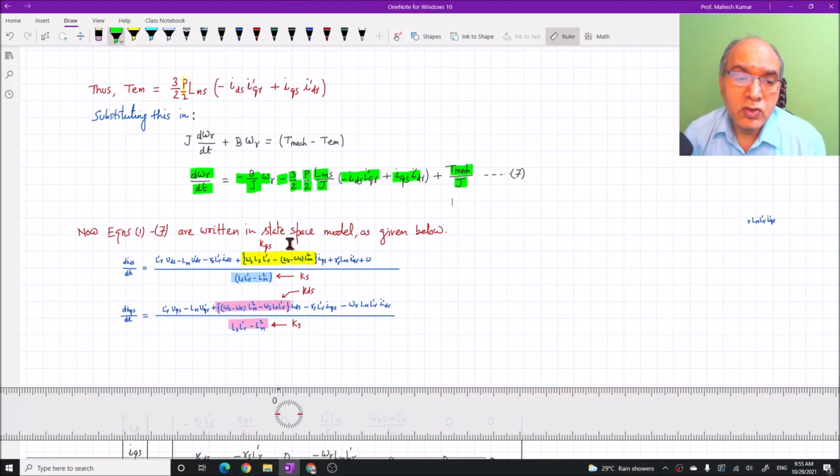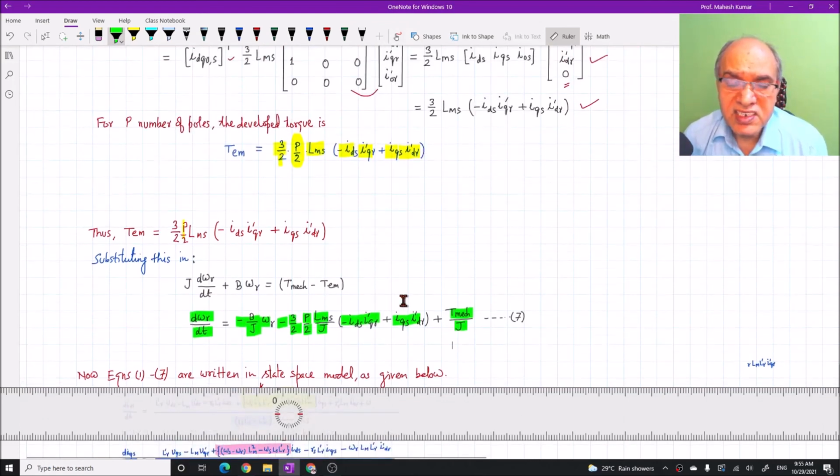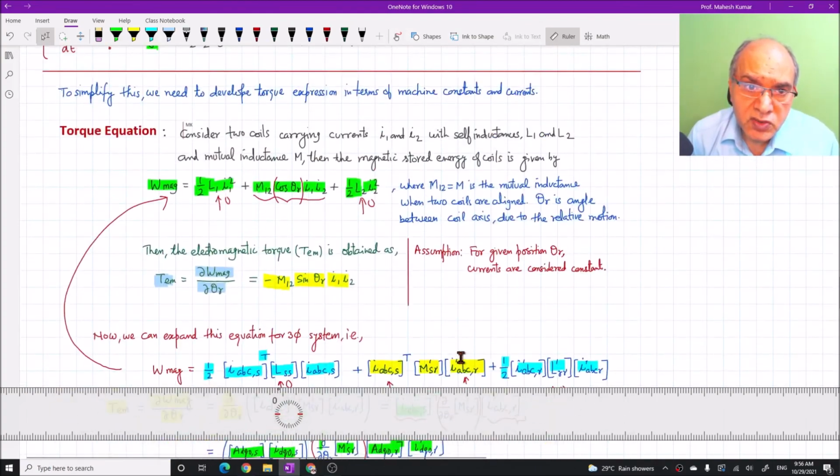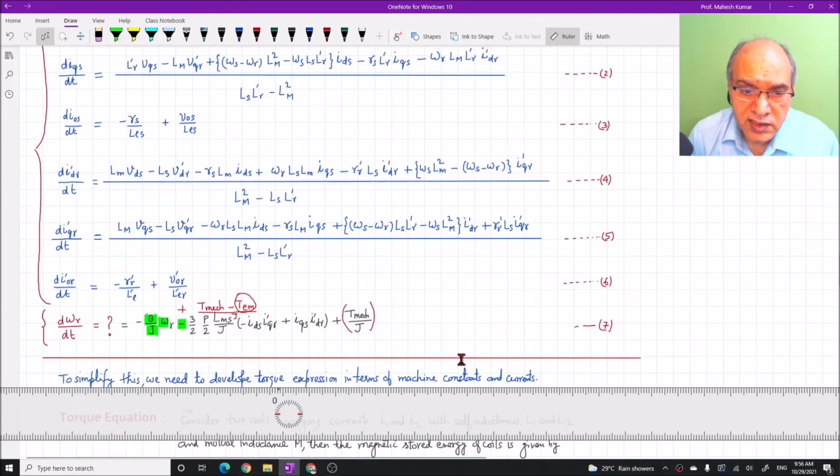So these 7 equations can be written in the form of a state space model, and then we can solve these equations for all these voltages and currents and the whole dynamics of the DFIG. Actually, I had expressed this equation earlier also, but at that time I did not derive it.